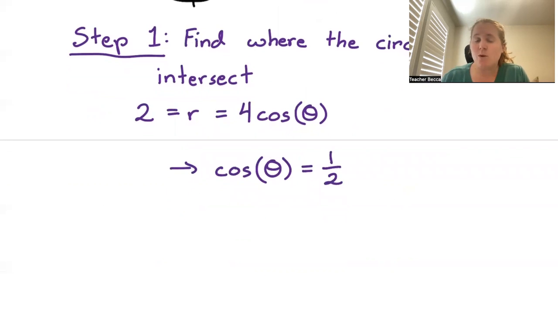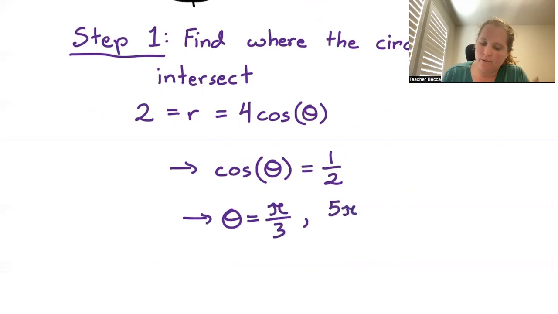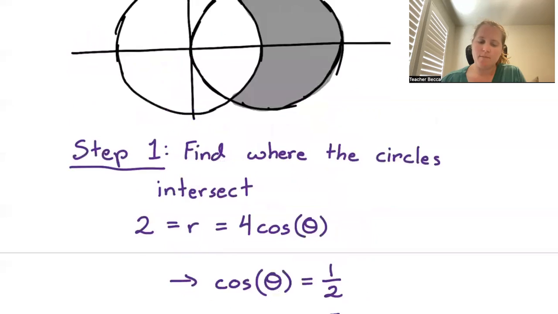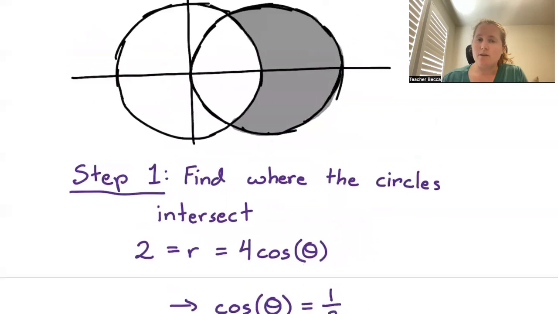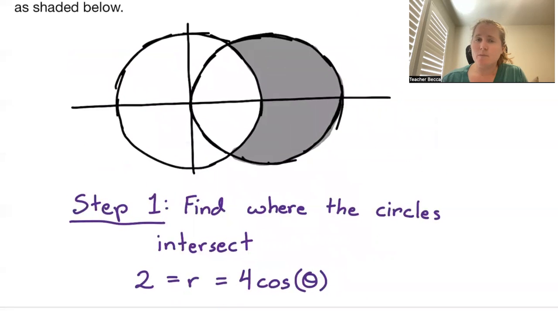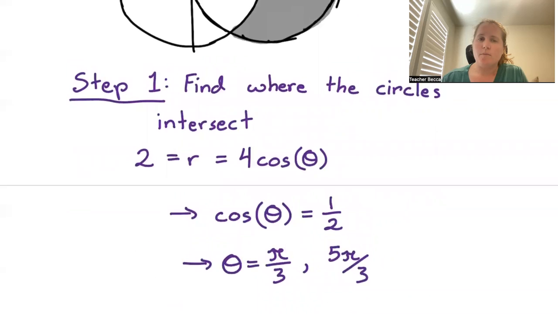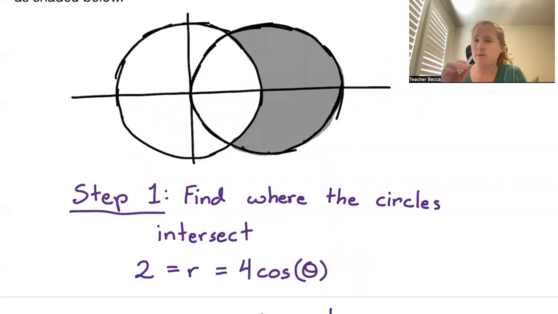Cosine theta is equal to 1/2 at pi over 3 and 5 pi over 3. But if we go from pi over 3 to 5 pi over 3, that's actually going around the circle twice, right? It only requires us to go around the circle once.